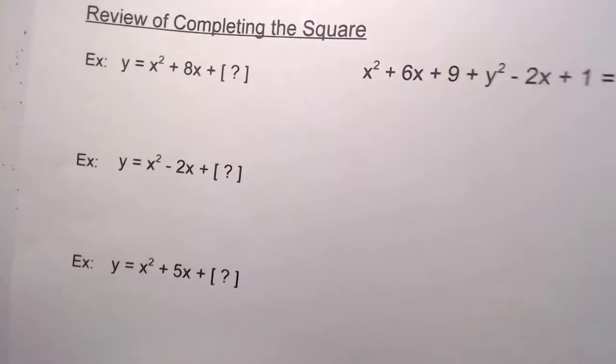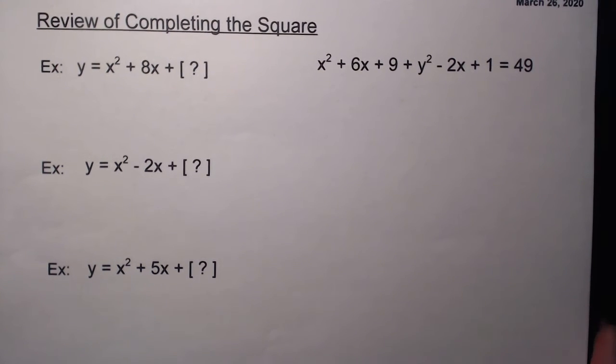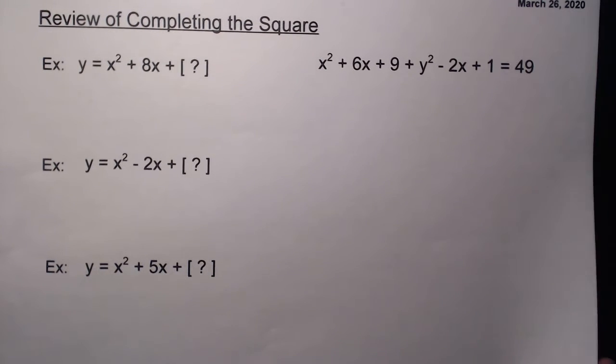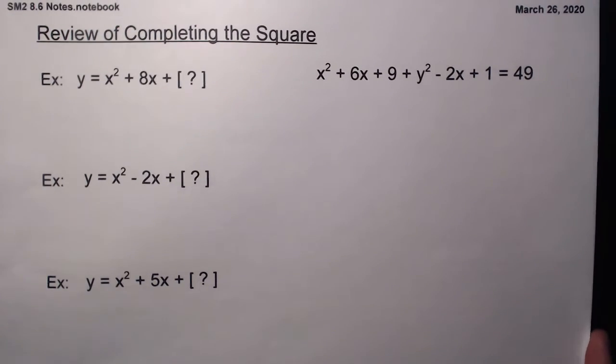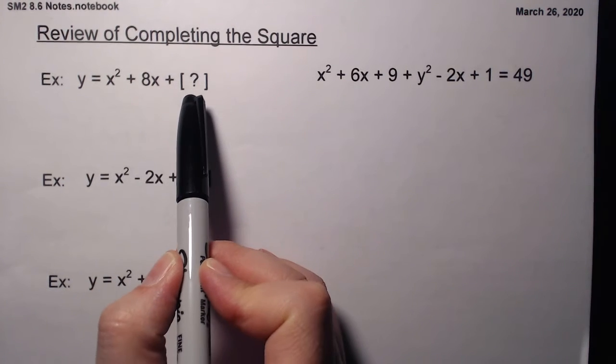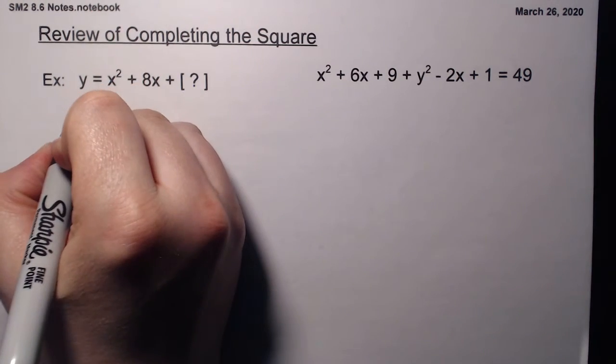Okay, now we're going to do a quick review of completing the square, because we're going to need that to solve some problems with circles. So the first thing that I want to know is, let's figure out what is going to go here and what it's equivalent to.